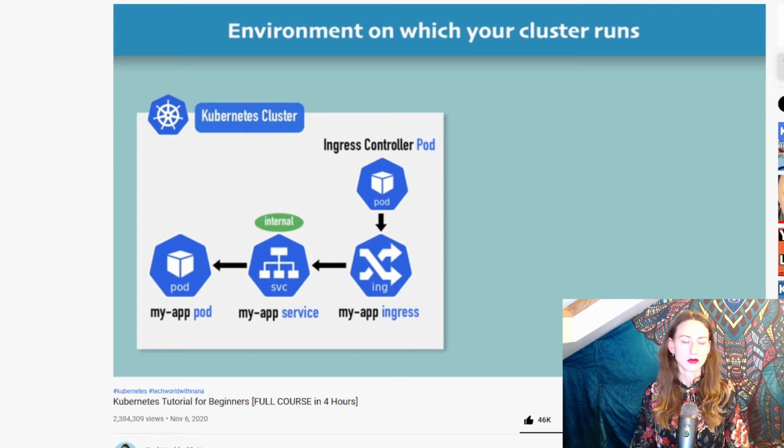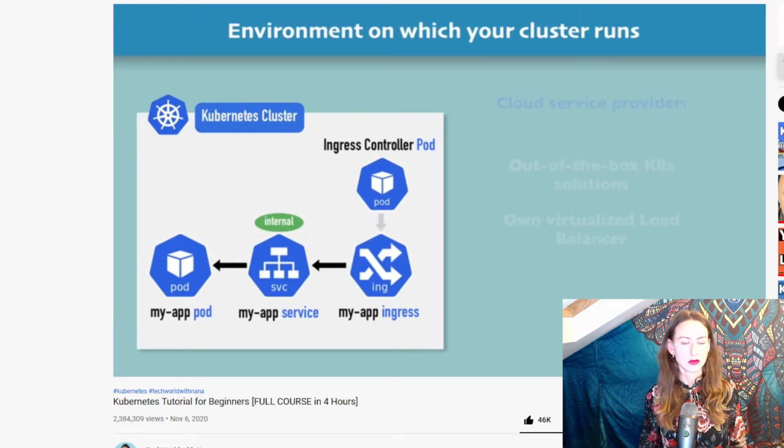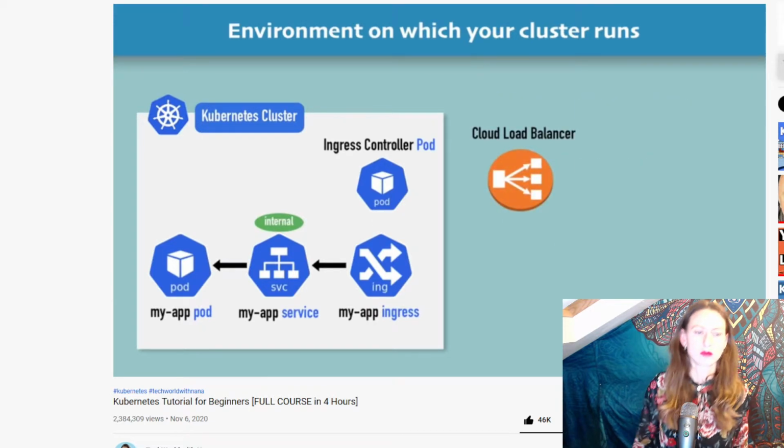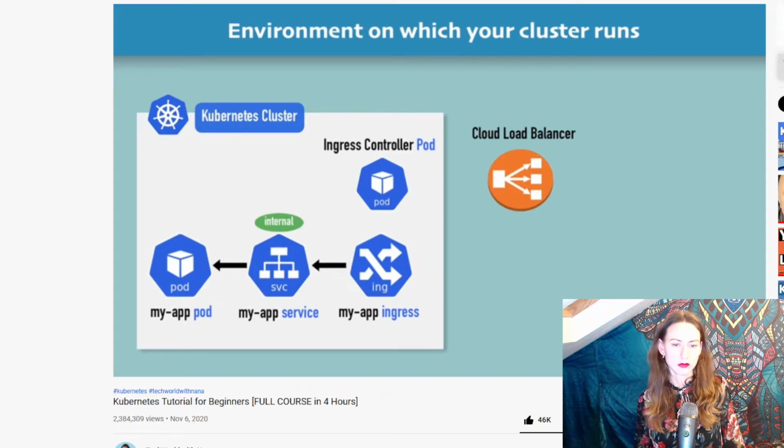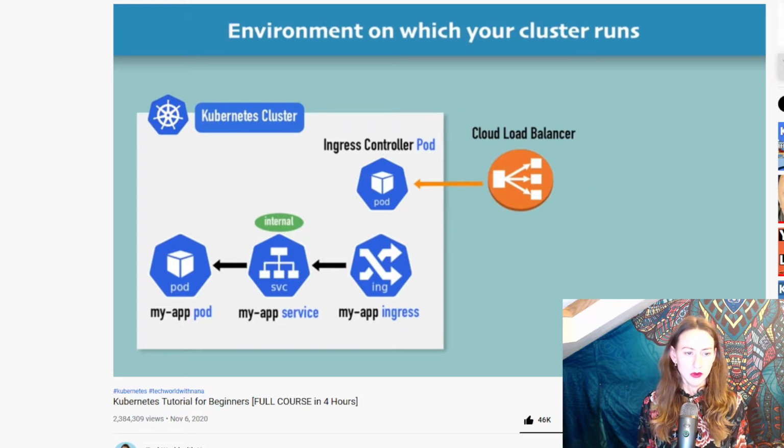If you are using some cloud service provider, like Amazon Web Services, Google Cloud, Linode, there are a couple more, that have out-of-the-box Kubernetes solutions, or they have their own virtualized load balancers, etc., your cluster configuration would look something like this. So you would have a cloud load balancer that is specifically implemented by that cloud provider. And external requests coming from the browser will first hit the load balancer, and that load balancer then will redirect the request to Ingress Controller.